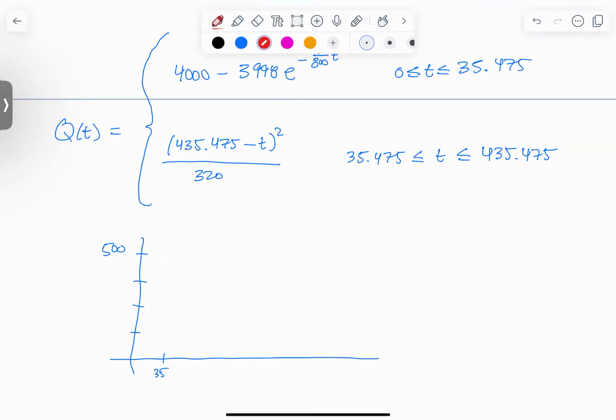What is really interesting is that when we graph this, it basically has a sharp uptick. It is an exponential, and then it flows down and drops out around 35.